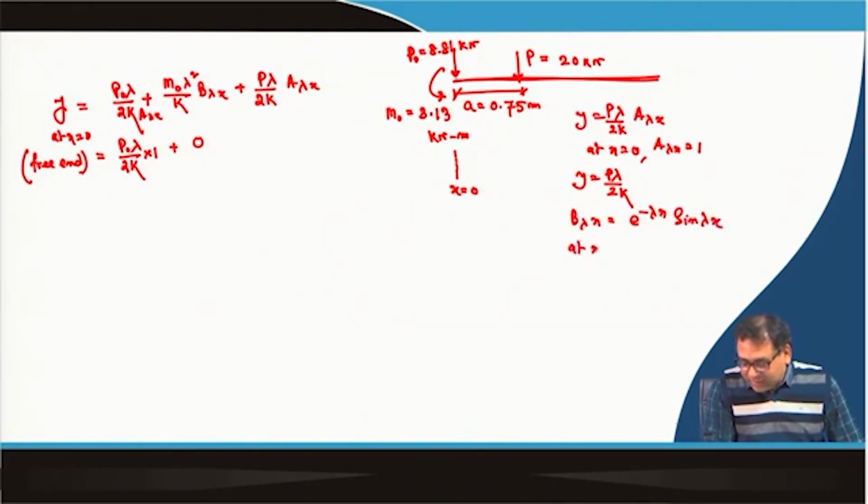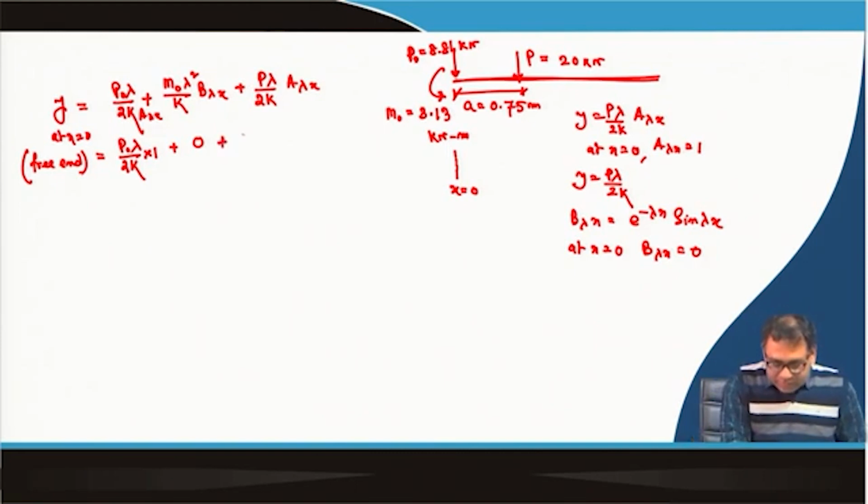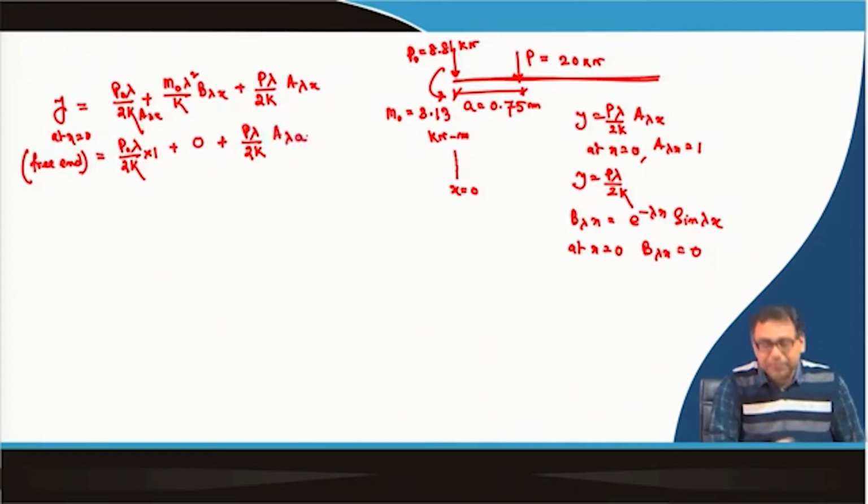Now, at x equal to 0, this b lambda x will be equal to 0, because sin 0 is 0, and then this is P lambda by 2k into A, where x is a, 0.75 meters. So, this will be A lambda a.